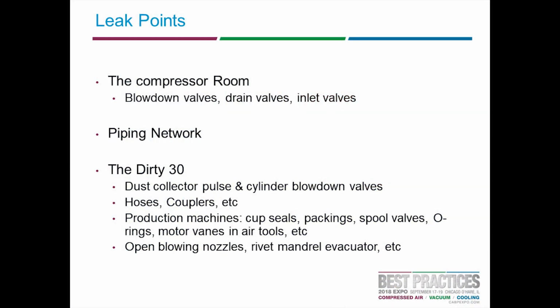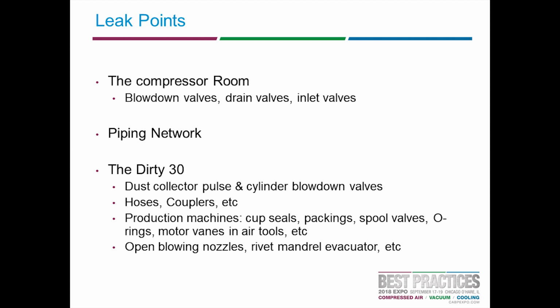Then there's the production machines themselves. Internal cup seals within the cylinders, packings. Some of the areas downtown Chicago here still use leather packings and seals on the cylinders. Spool valves. Spool valves, solenoid controlled, shuttle or operate thousands, in some cases tens of thousands a time a day.